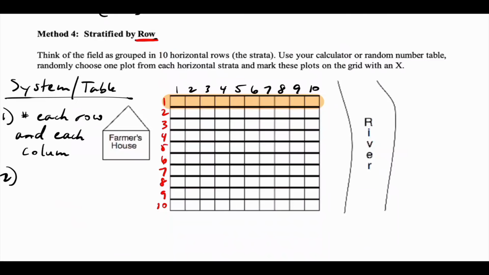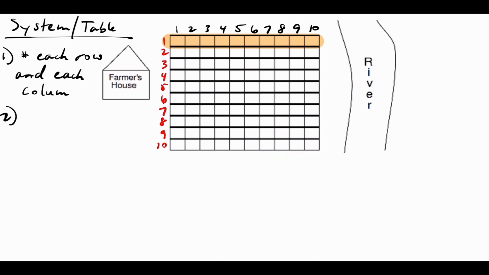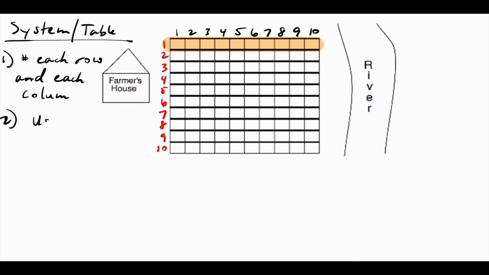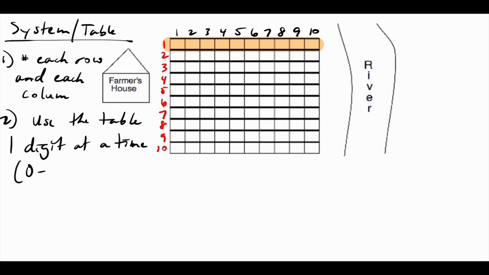Second step, I use the table now. Same thing as last time, but instead of going by column, I'm going by row. So use the table 1 digit at a time, 0 to 9. Same steps, just instead of columns, we're doing rows.